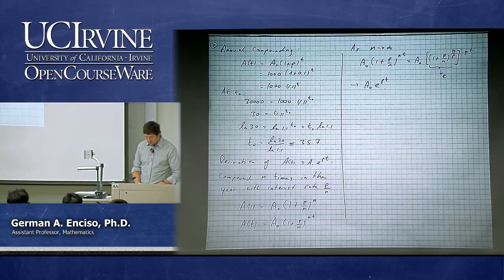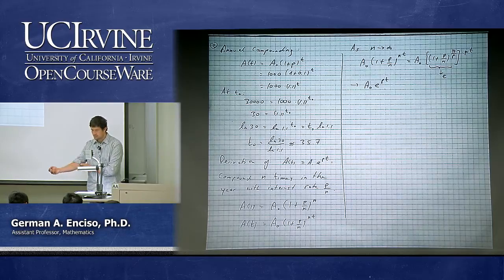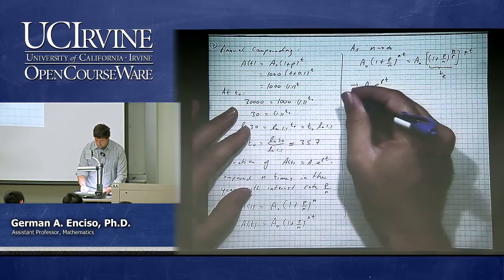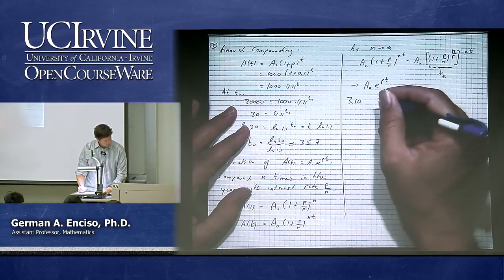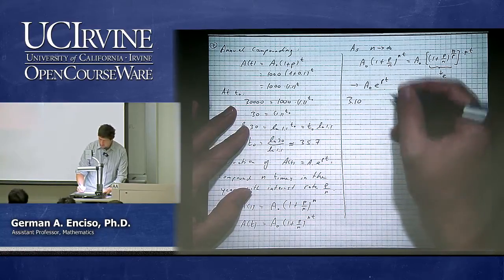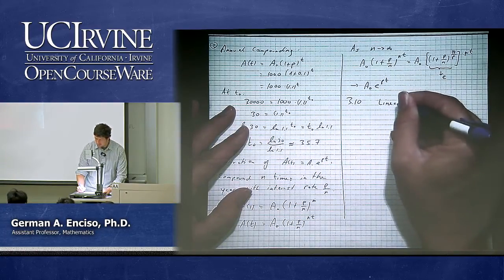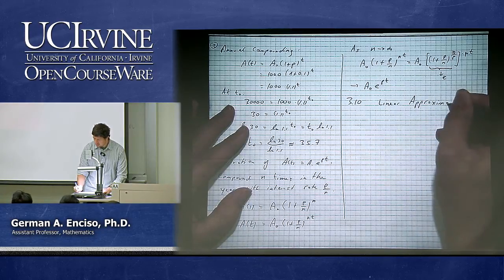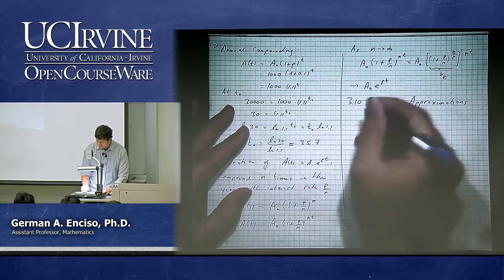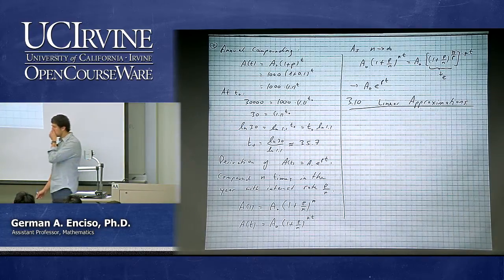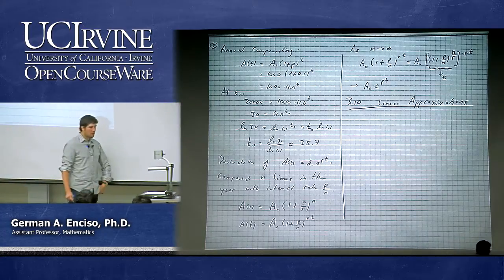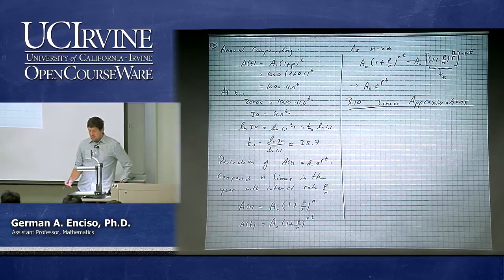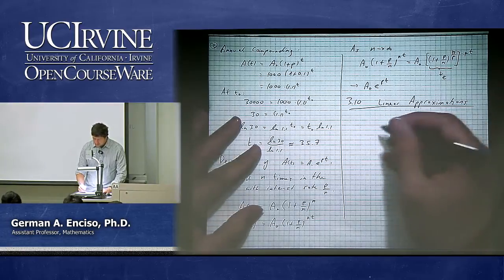So let's move on and talk about a new section, which is 3.10, called linear approximations. Here's the basic idea.